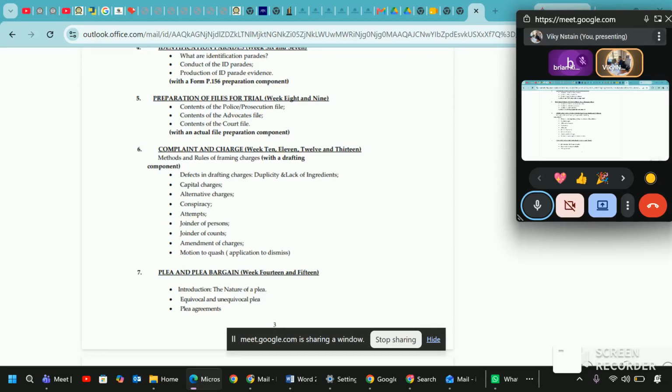That is still duplicity. How do you fix it? Split into separate counts as provided under section 135(2) of the CPC, or use a main count plus an alternative count, but not both offenses packed into one count. That is what the examiner will be looking at.